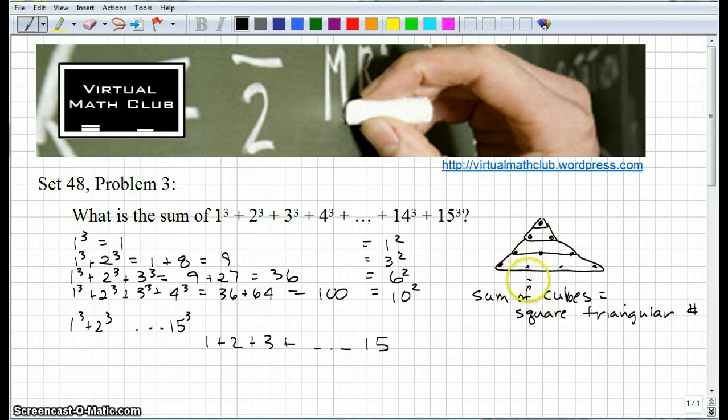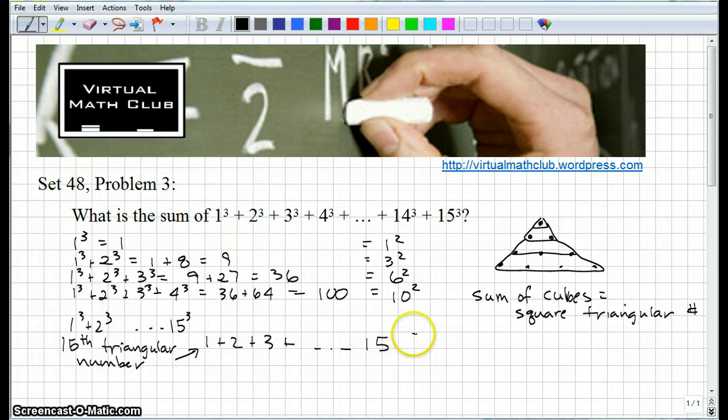Because the 4th triangular number is 1 plus 2 plus 3 plus 4, and the 5th triangular number would be 1 plus 2 plus 3 plus 4 plus 5. So if we add the numbers 1 through 15, that will be the 15th triangular number.